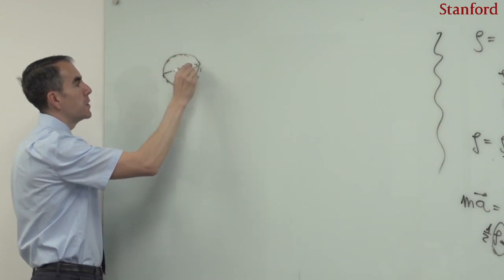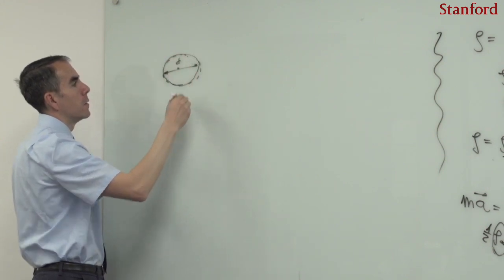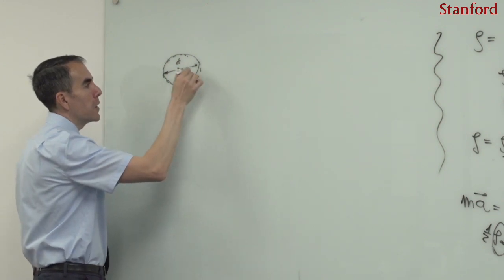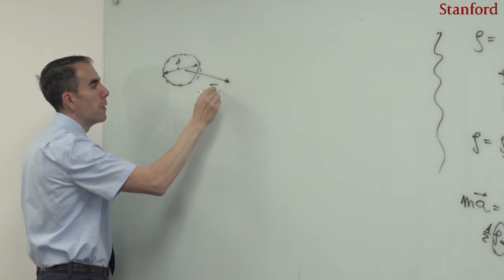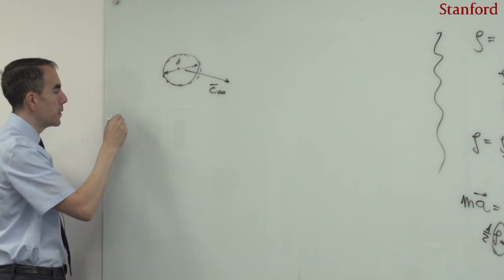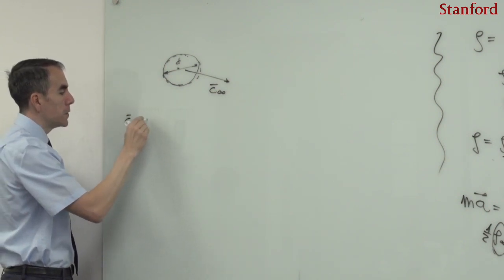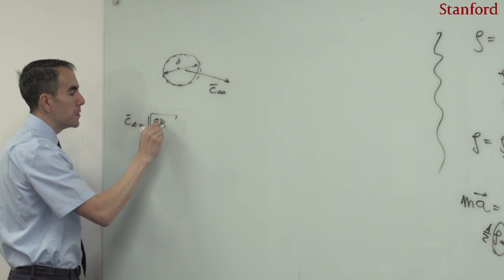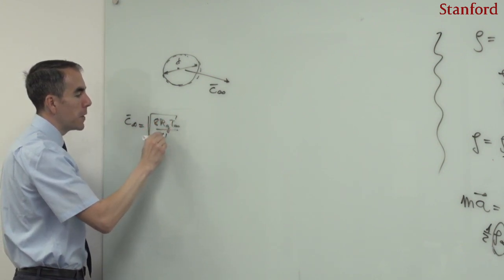It's going to have a diameter d. So this molecule in the mean is going to be moving with a thermal mean speed, C infinity, and this thermal mean speed is the square root of 8 multiplied by Rg multiplied by T infinity divided by pi.